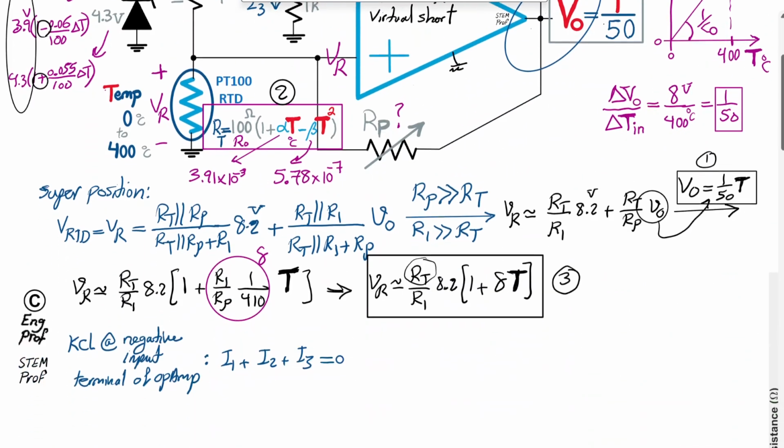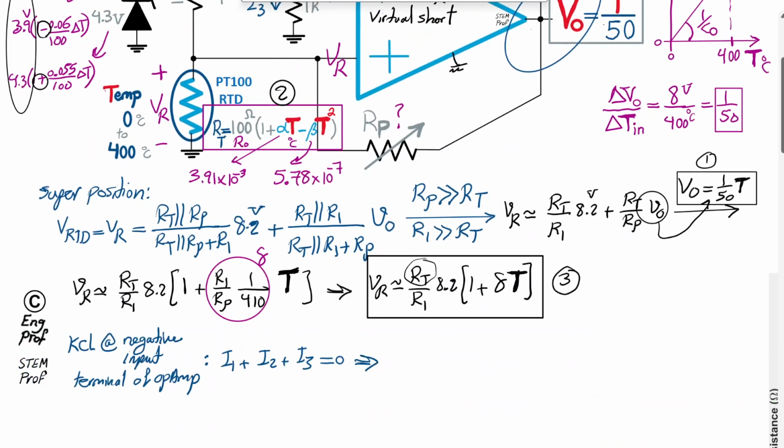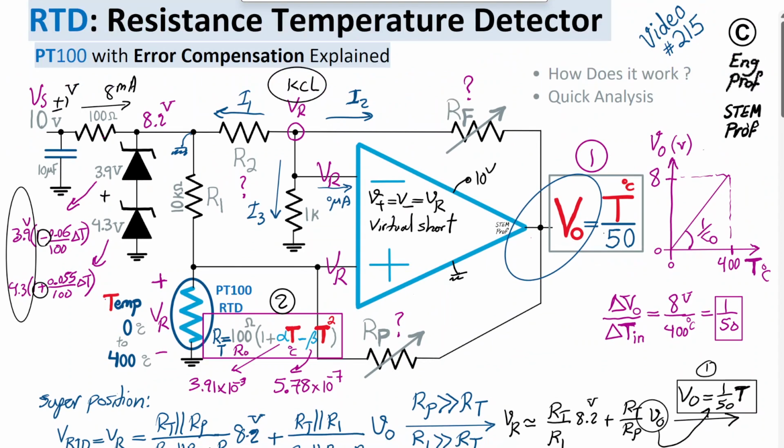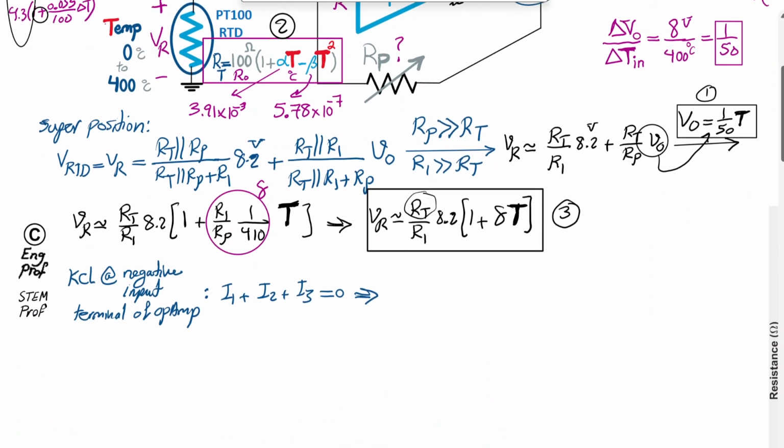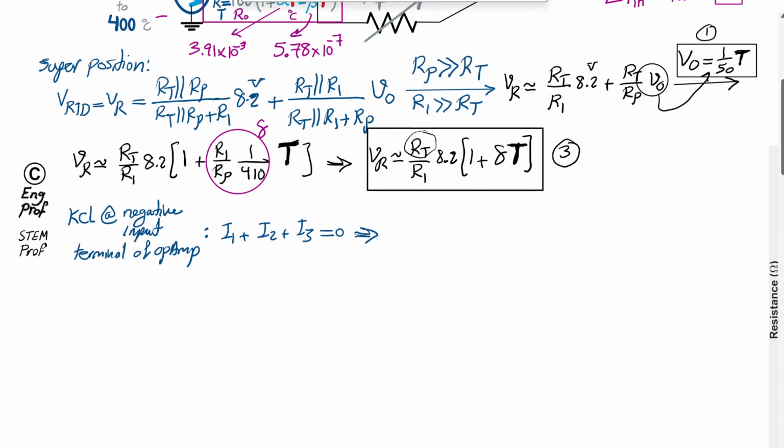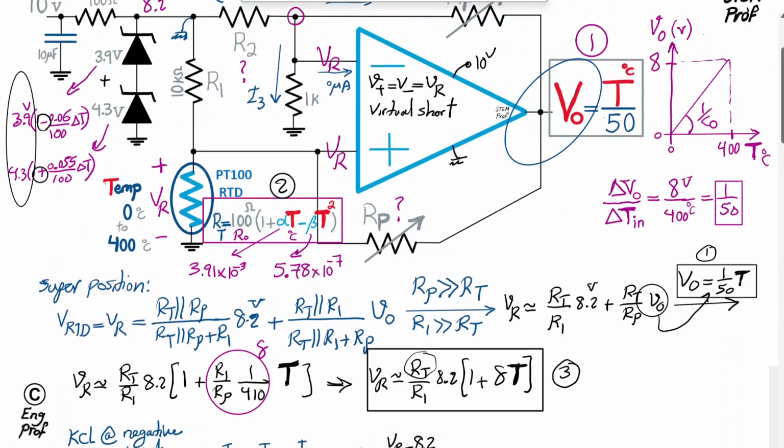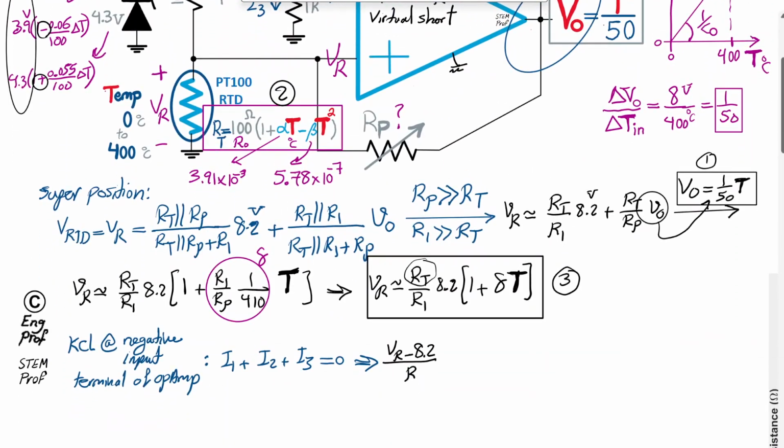Okay, so if I do that, then substituting for these currents, obviously I1 is VR minus 8.2 divided by R2. So that is simple. And the same for the rest. So it will be VR minus 8.2 volt divided by resistor R2. And then for I2 is the same story.